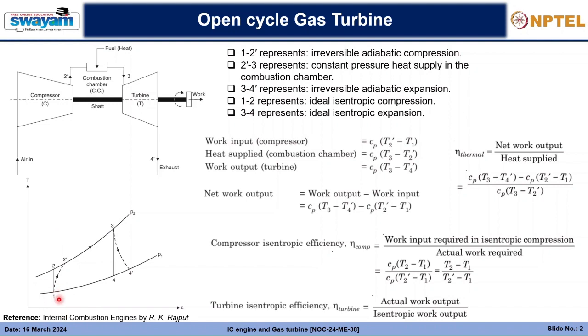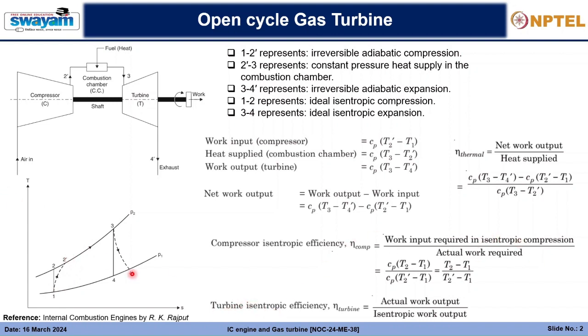That's why we have to traverse the path from 1 to 2 dash, that is, a high amount of work is required. That's why for a compressor, we have taken the efficiency as the actual which we required, that is 1 to 2, divided by the thing that we actually get, that is 1 to 2 dash. That is the actual work required.